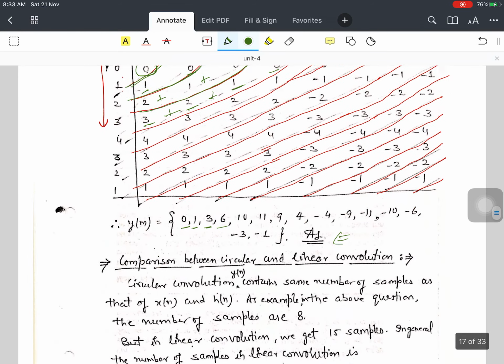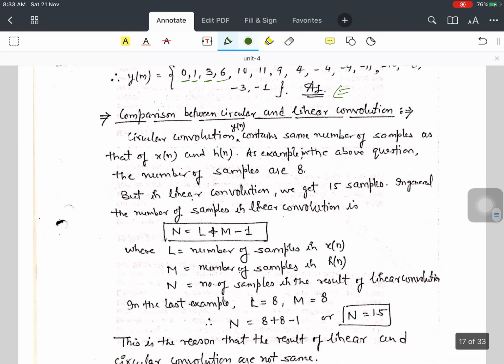Now, before this discussion of how we will get the same answer, let's discuss this comparison between circular and linear convolution. Clear? If I talk about the circular convolution, yn contains the same number of samples as that of xn and hn.